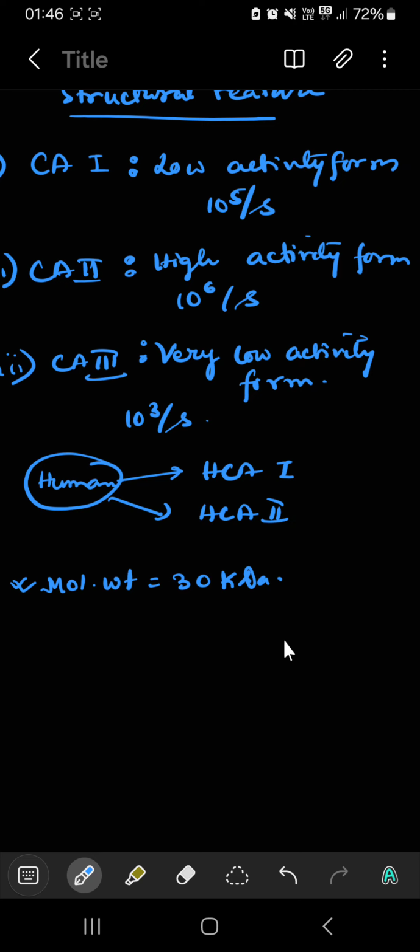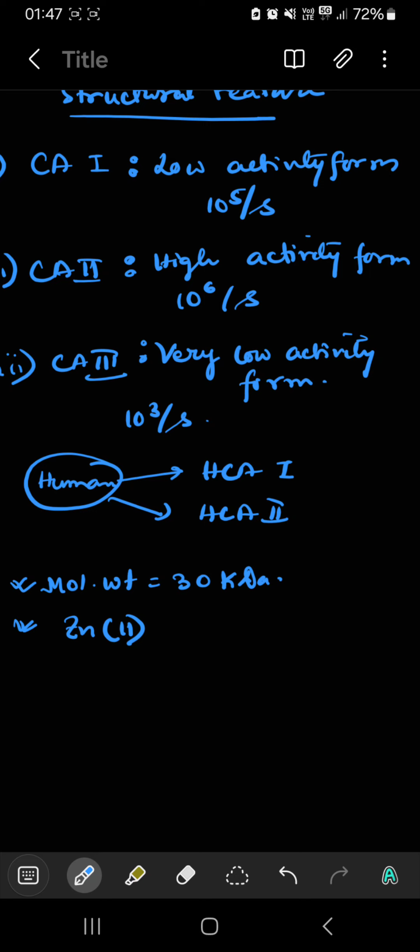Each isoenzyme has a Zn2+ center per molecule, and the zinc acts as the prosthetic group. Without it, the apoenzyme, that is the other structural part of the enzyme, is completely inactive.